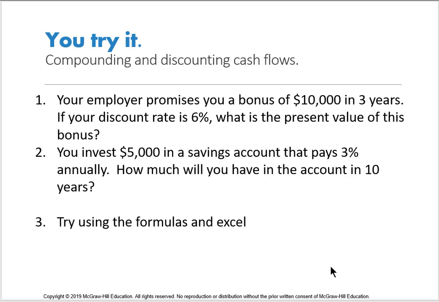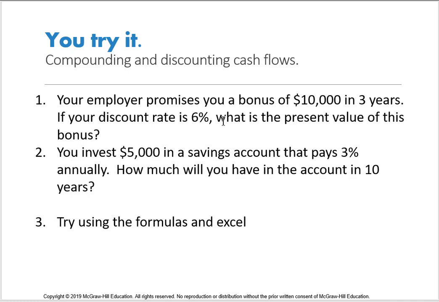So let's look at this example. How can we do this example with formulas? Your boss promises you a bonus of $10,000 in 3 years. If your discount rate is 6%, what is the present value of this bonus?